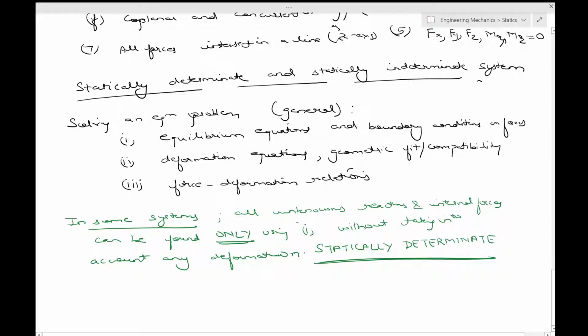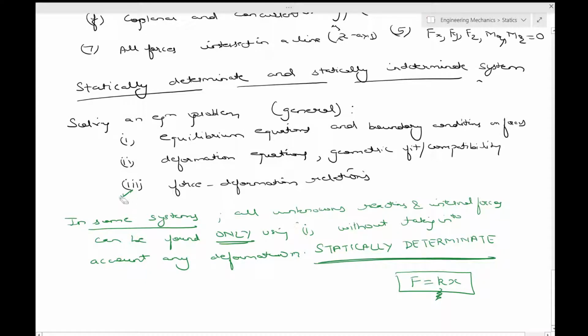So clearly, if you do not require the relation between force and deformation, see, for example, for a linear spring, this is the relation between force and deformation. Now, K is a spring constant which depends on the material of the spring and so on.